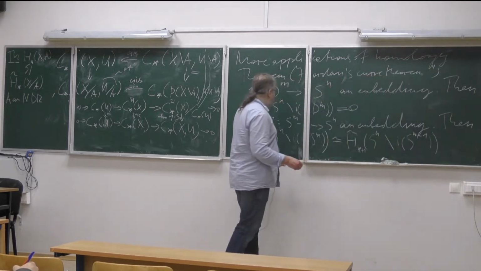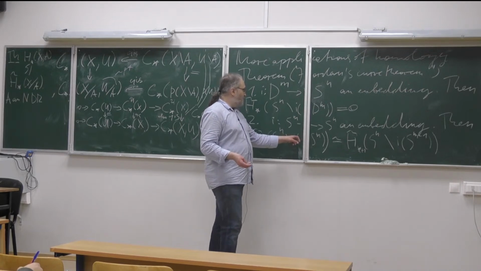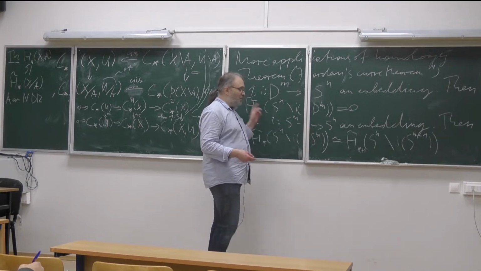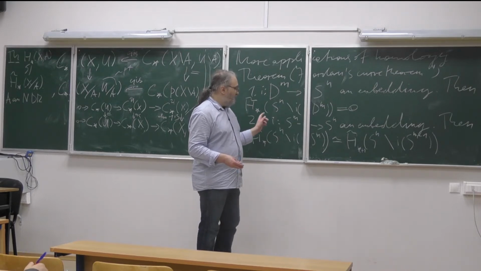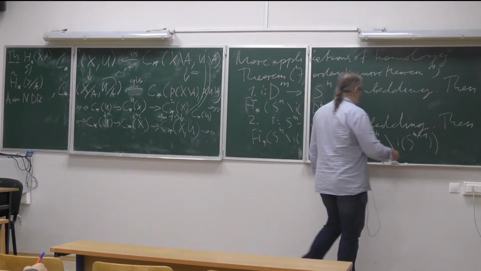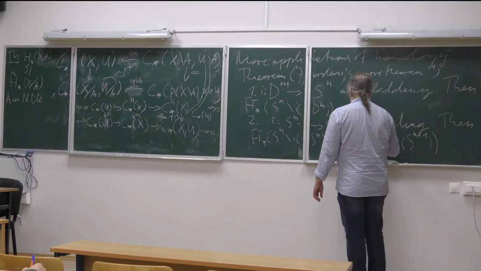Okay. Well, let's take n equal 3 and m equal 1, then I have something in degree 1 on the left. On the other hand, m minus 1 is equal 0, and here I have something in degree 2.